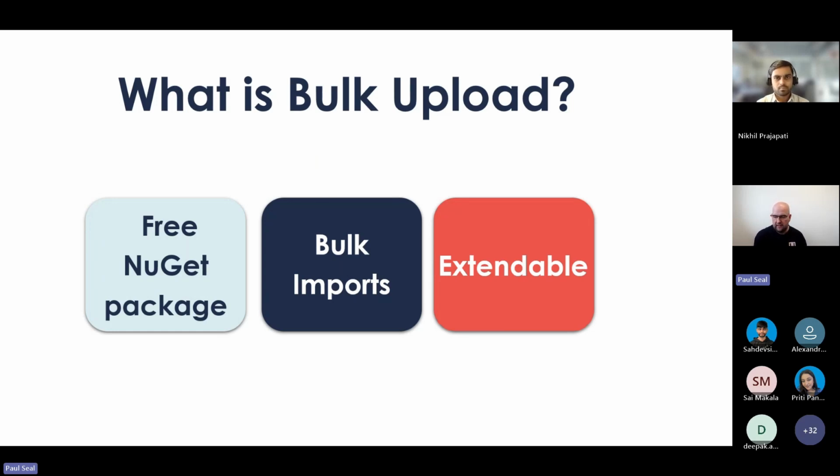The way we do that is we use something called a resolver. So it is extendable. There are some sample resolvers within the bulk upload package itself, and you can see how they're written, and then you can write your own, or as most people do nowadays, get Copilot to write one for you. And you can then extend it. So I will show you how to install it next.